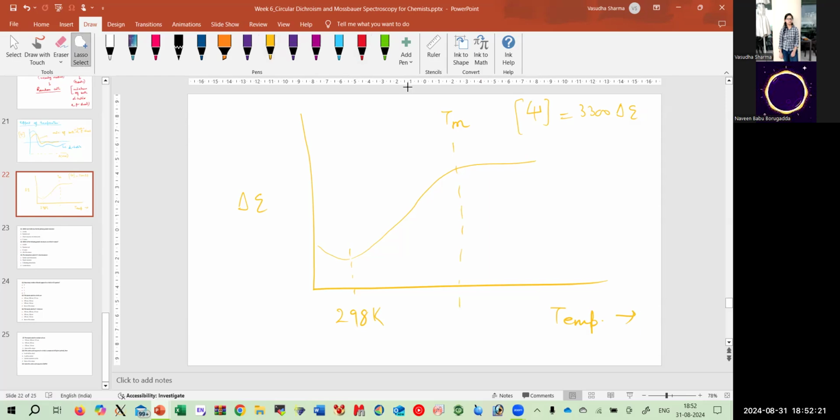So we have taken two different temperatures, and in the middle of this, the temperature where your structure actually breaks to form another structure, this is called your melting point.